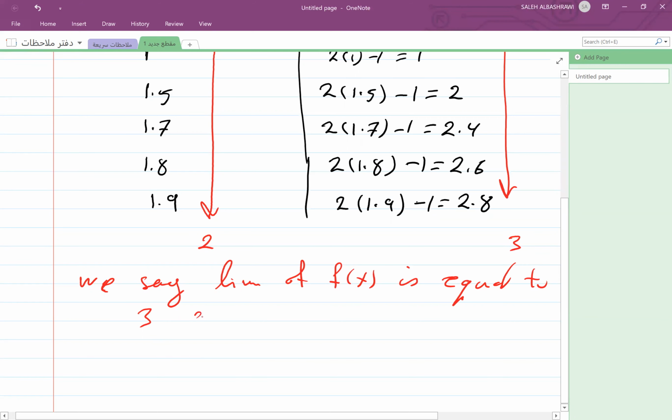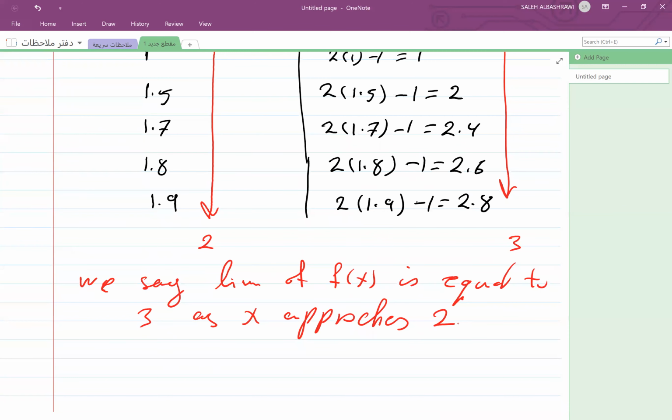So we say that the limit of the function is equal to 3 as x approaches the number 2. The limit of f of x is the output of the function that depends on the value of x.